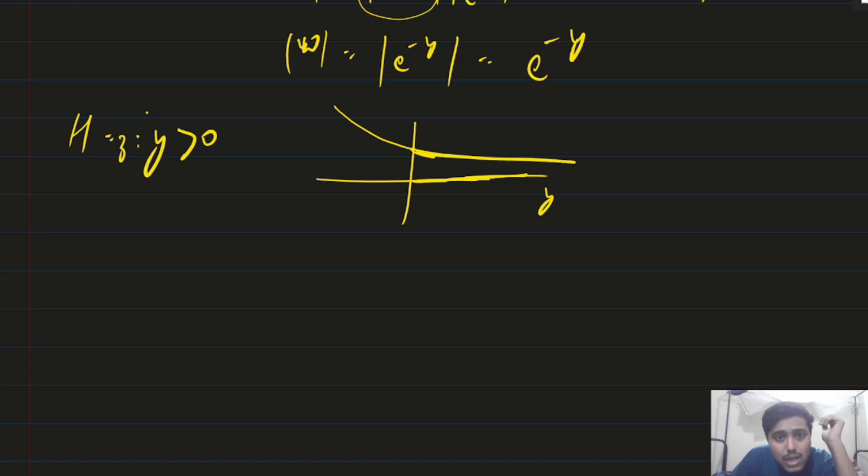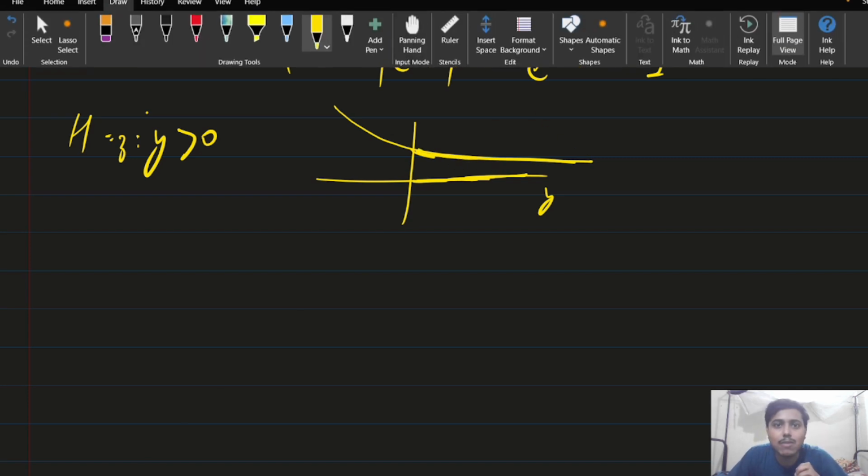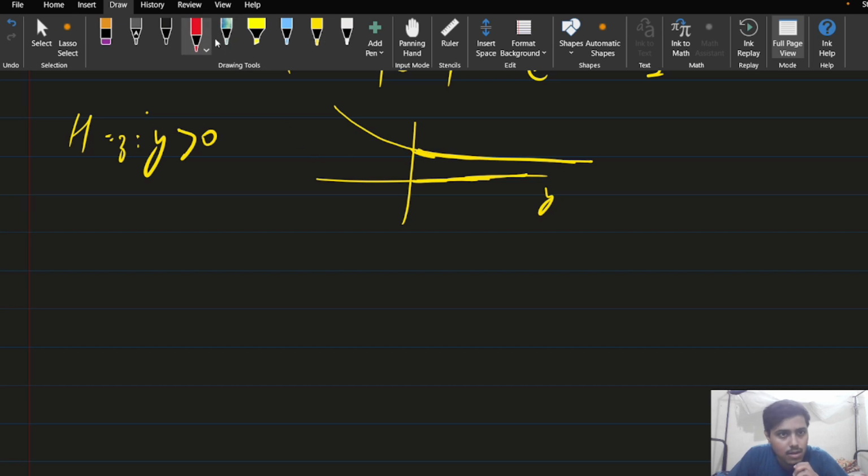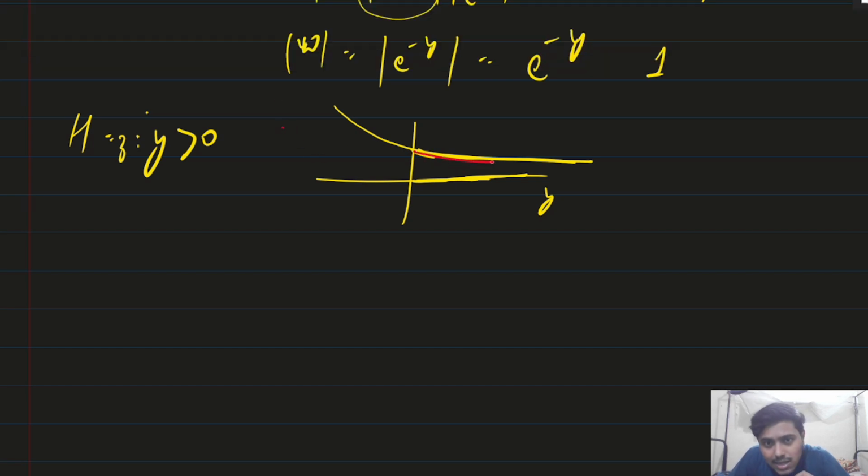So what is the maximum value? If we put y equal to 0, then we are getting 1, and if we move to the right hand side, if we take all positive values, the value goes on decreasing like this. Wait, let me change my ink.